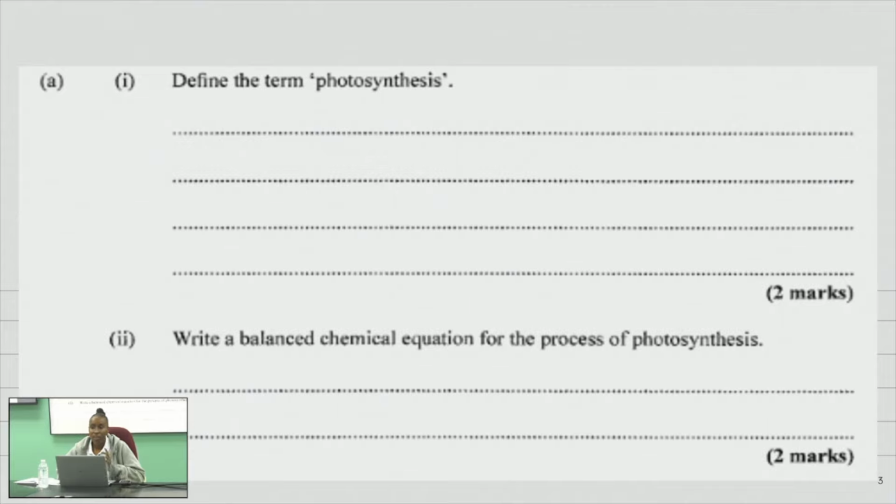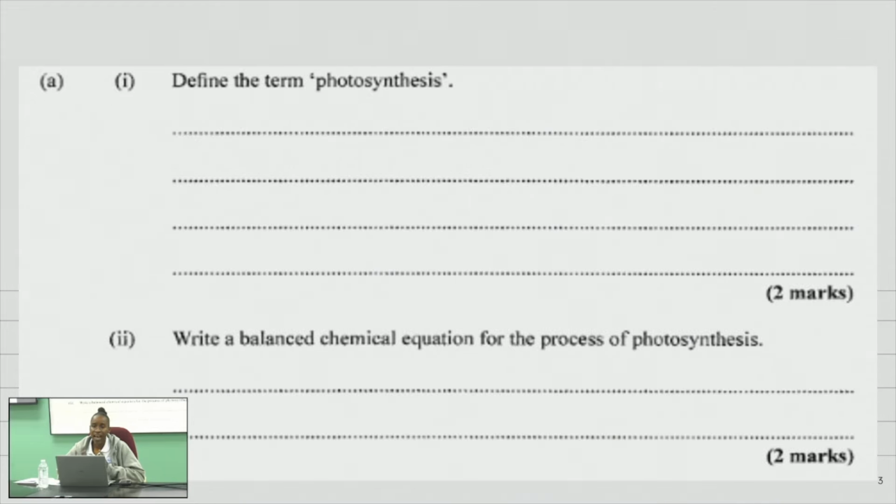It's very important not to forget that, yes, our carbon dioxide and our water is our raw materials, but don't forget that this process of photosynthesis is done in the presence of sunlight and chlorophyll.